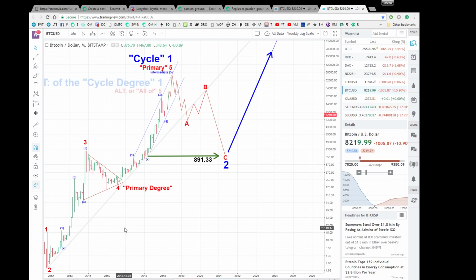So here I've taken a look at the entirety of the Bitcoin collective from when it started trading. These are monthly bars. The first thing that I always do, and I've learned to do in order to get a grip on the wave structures of this nature, this 3 steps forward, 2 steps back business, is to look at the largest possible view that I can.